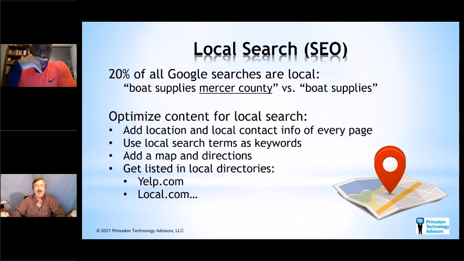So you want to optimize the written and printed content in your social media and on your website for local search. So include your local information and contact information. Now, I don't mean by contact, put your name and address on every page, but depending on the nature of your business, you might put something like on your About page, we are a Princeton, New Jersey or Central New Jersey based business.